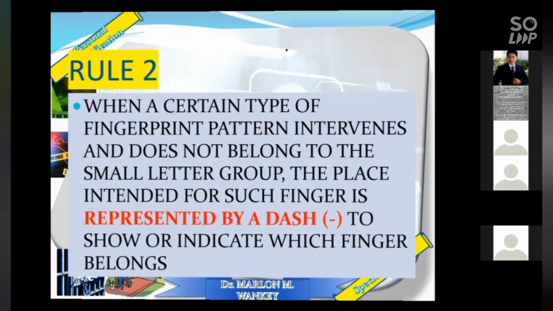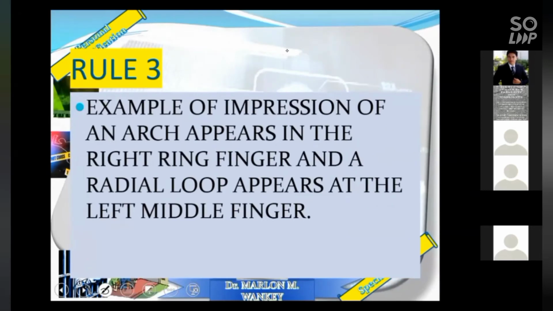Rule number 3. Example of impressions of an arch appears in the right ring finger in a radial loop appears at the left middle finger. Okay. Bigyan ko kayo ng example.